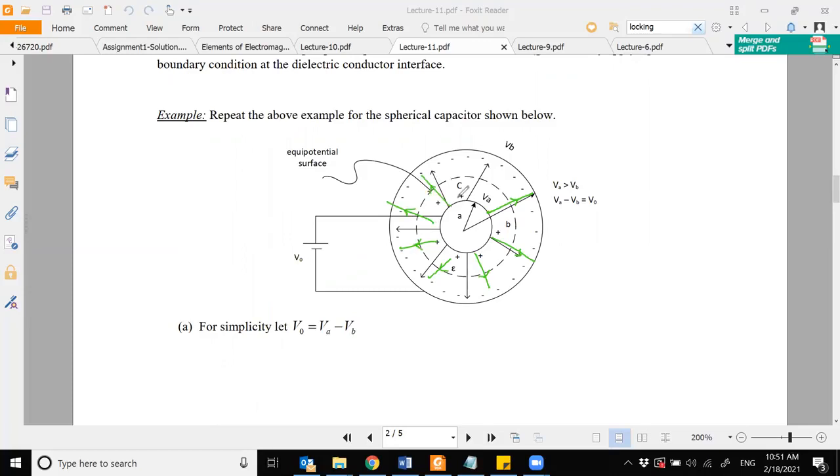That means it has only an R term, so it is E_R, A_R. And not only that, since it is moving in the R direction, it's a function of only R. So therefore, your potential, which is, yes, Zuhair.